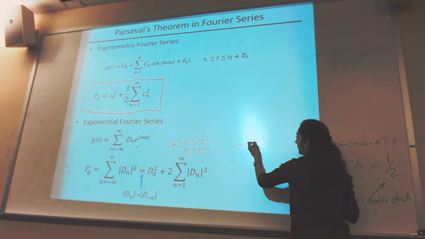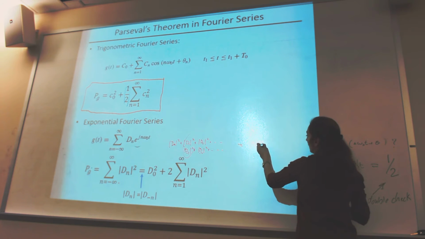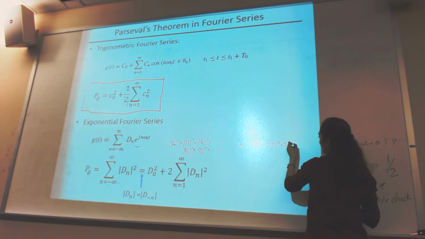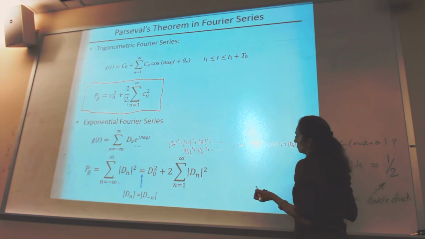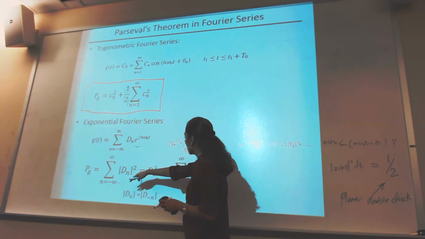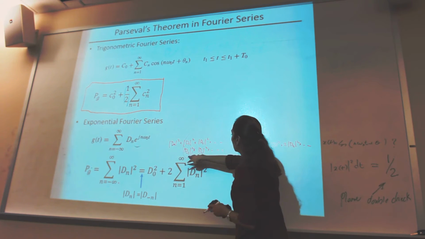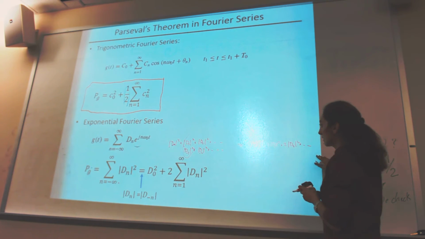This is equal to D naught squared plus twice |D1| squared, twice |D2| squared. Instead of listing all the terms with positive and negative indices, just put them all together.